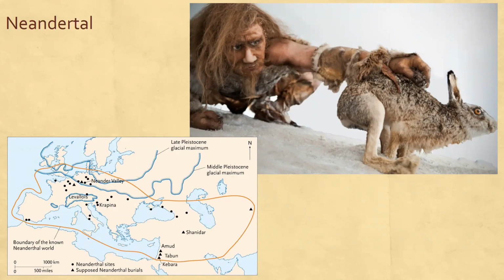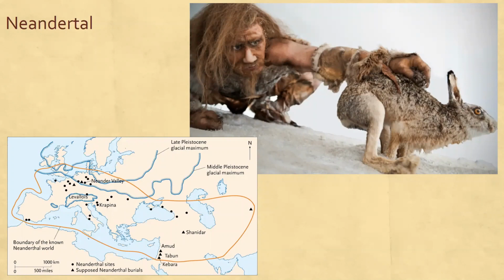The Middle Pleistocene maximum would have been directly related to the Neanderthal species, but by the time the late Pleistocene glacial maximum advance occurred, Neanderthals had already gone extinct and were replaced by modern humans.